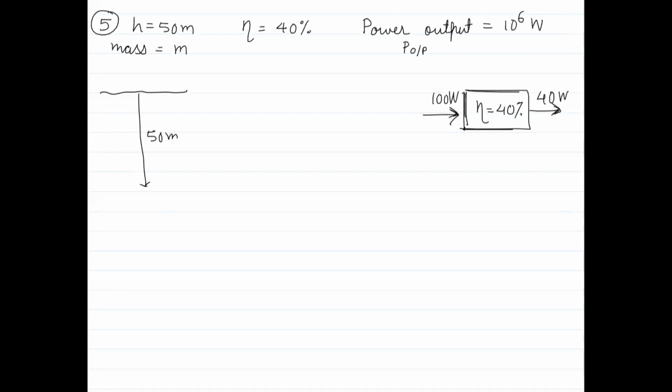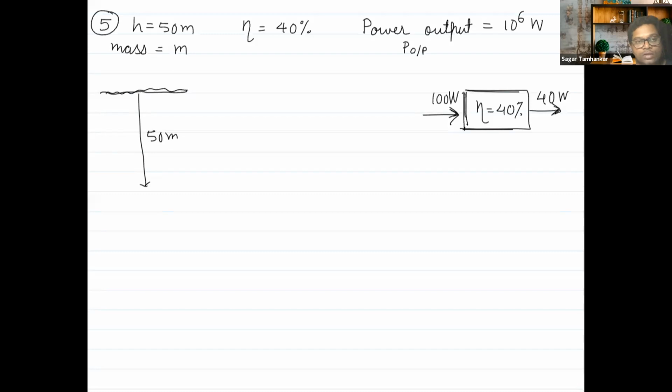So the water falls from a height of 50 meters. If we assume that m kgs of water falls per second, then the power will be work upon time, that will be mgh upon 1, like 1 second.